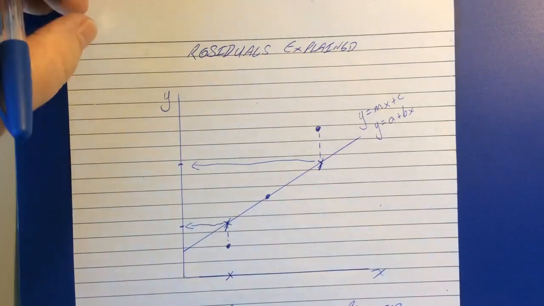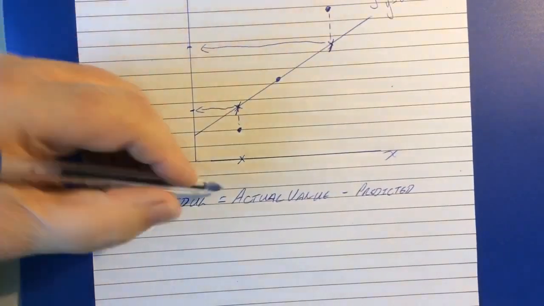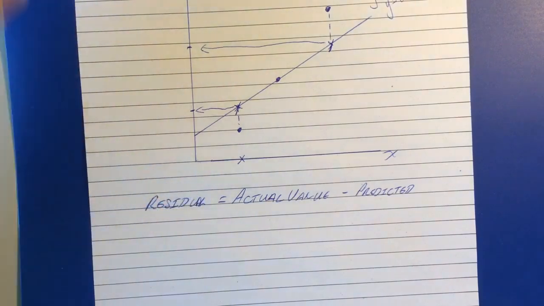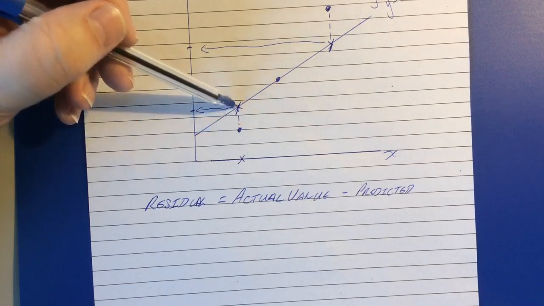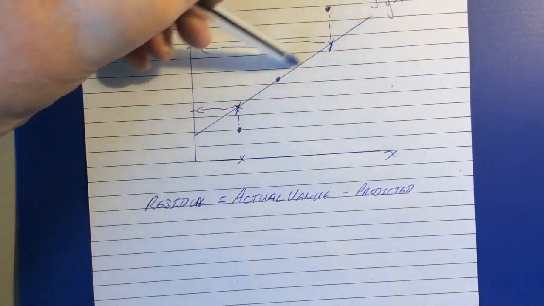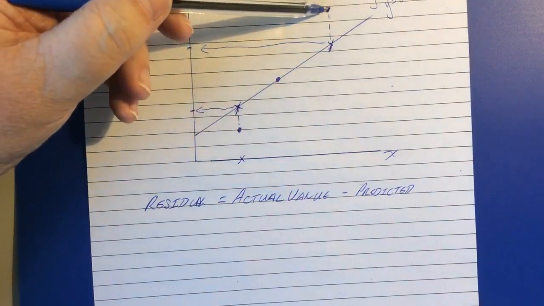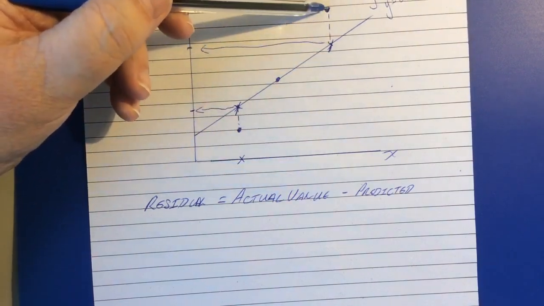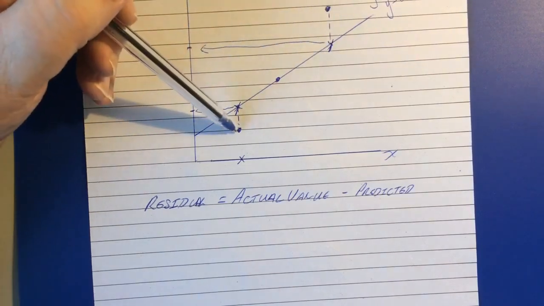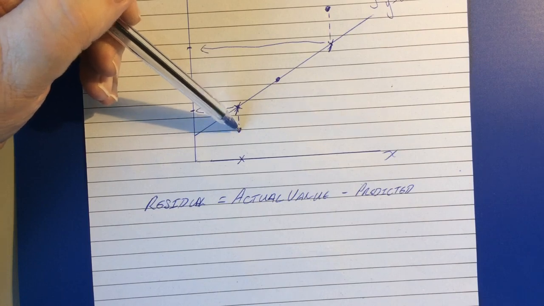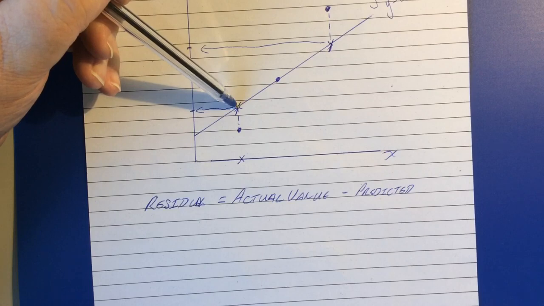So the formula as such for this is that the residual, which I can't spell by the look of it, is equal to the actual value minus the predicted value. Predicted values are always on the line. The residual value of this will be positive because it is the actual value minus that, and this is less than that. And the residual value here will be negative because it is the actual value minus the predicted value.